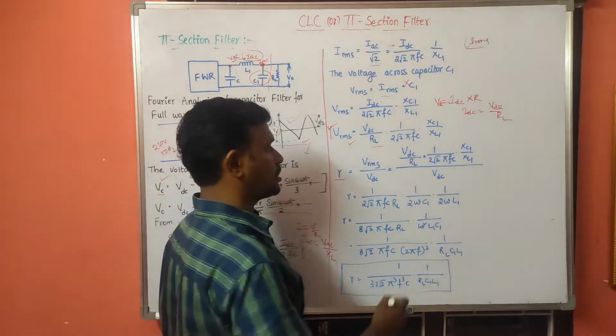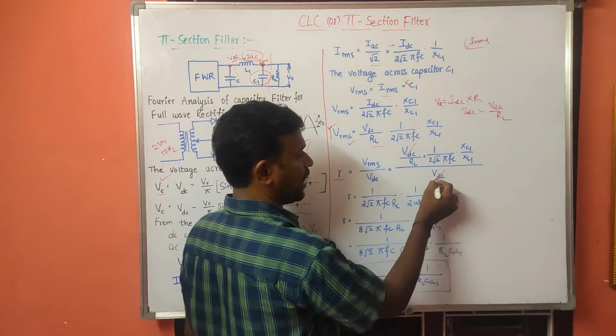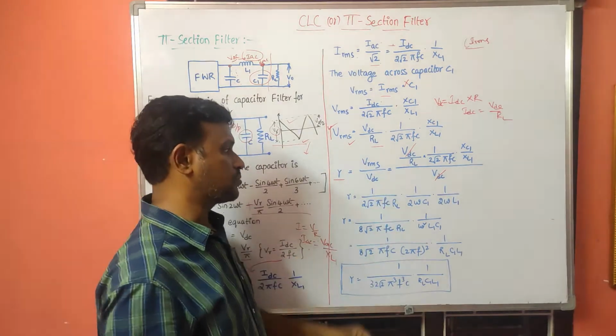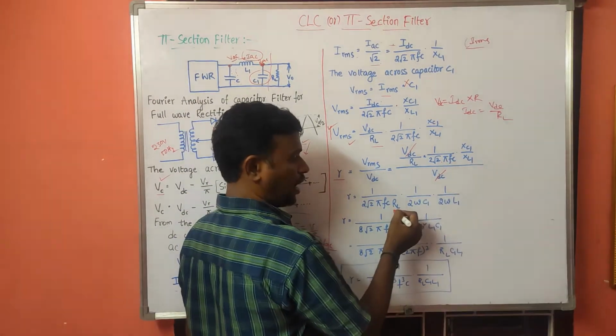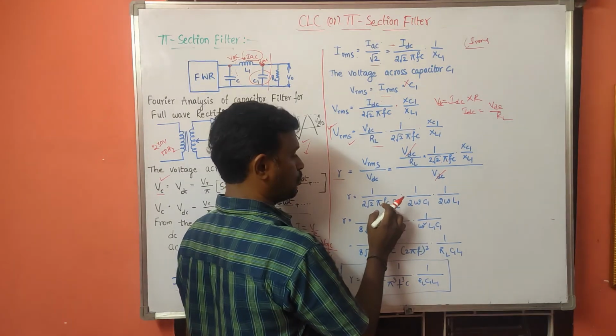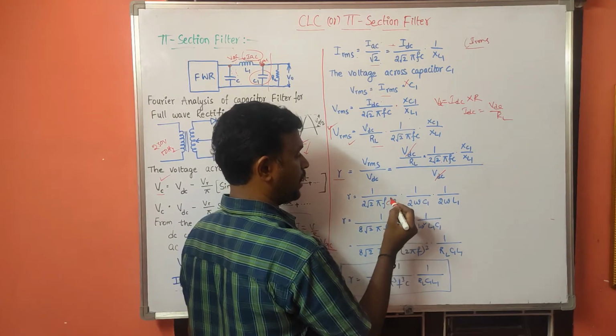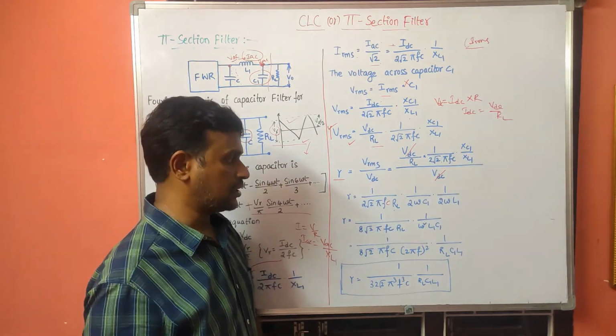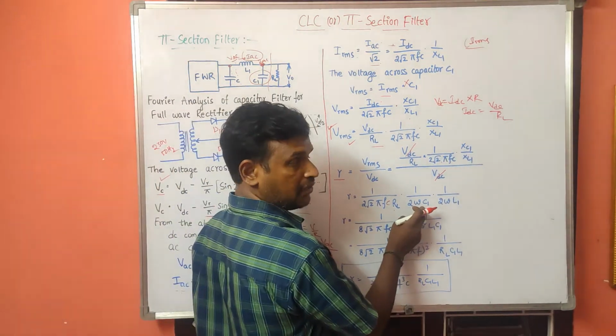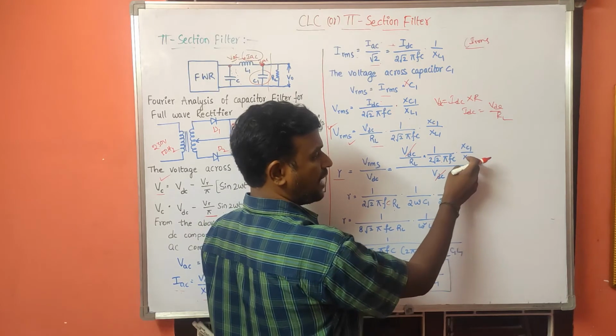So this VDC and this VDC will be cancelled. And the remaining terms are 1 by 2 root 2 pi FC RL.